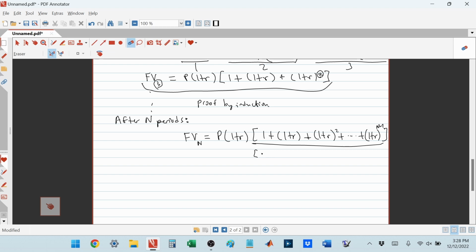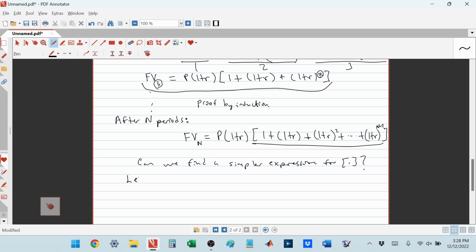And that's going to be very cumbersome. So let's see if we can find a simpler expression for what's inside the brackets.